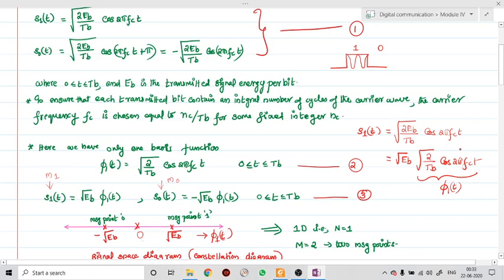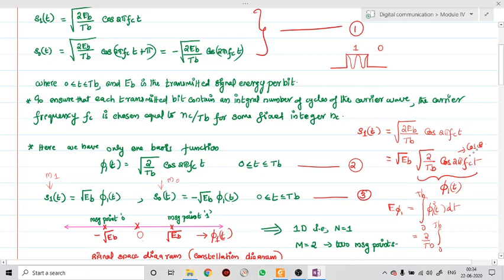Now if you find the energy of this phi 1, that is E phi 1, it is integral 0 to Tb phi 1 of t squared dt. This is 2 by Tb integral 0 to Tb cos square 2 pi Fc t.